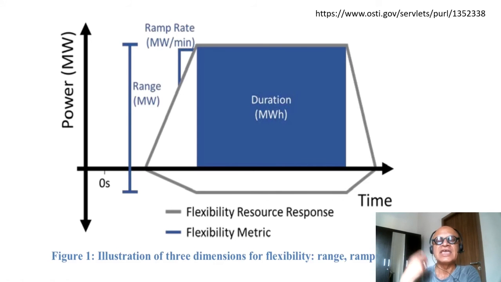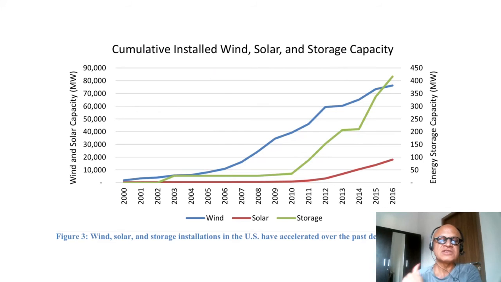So how quickly can you ramp up the power supply based on the demand that's coming online, and the duration of that peak power, and then the ramp down needed. So that's the flexibility resource response as measured in time. So that's what the flexibility is. So it includes frequency, voltages, etc.